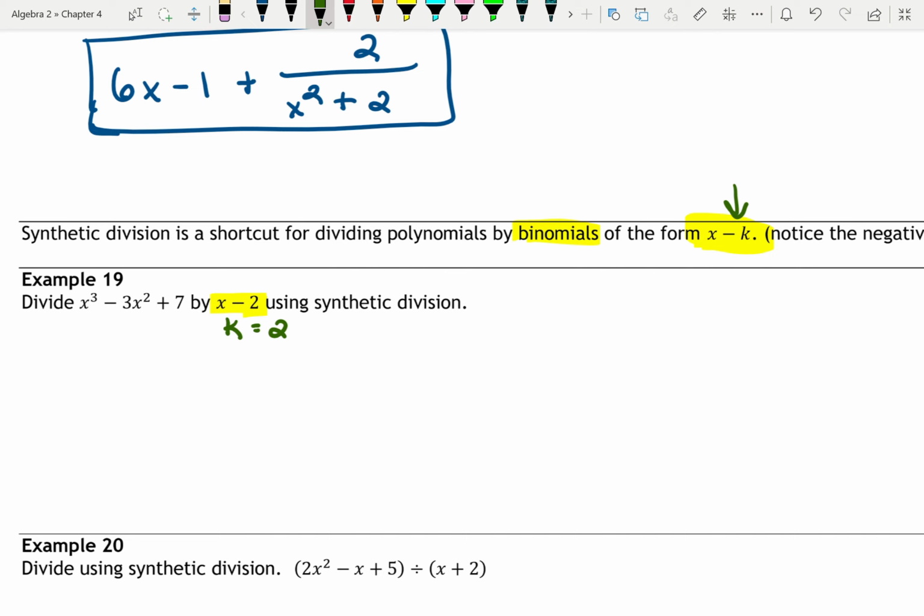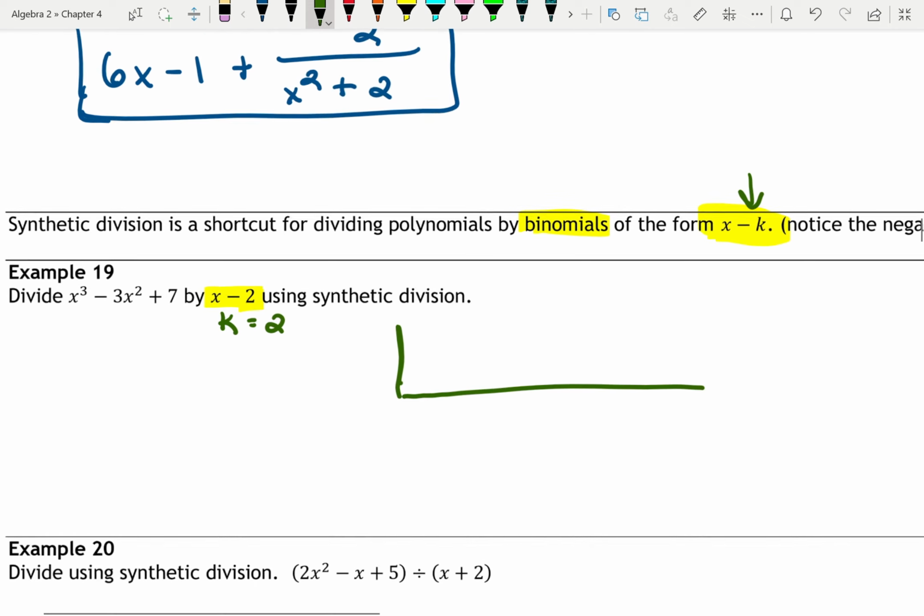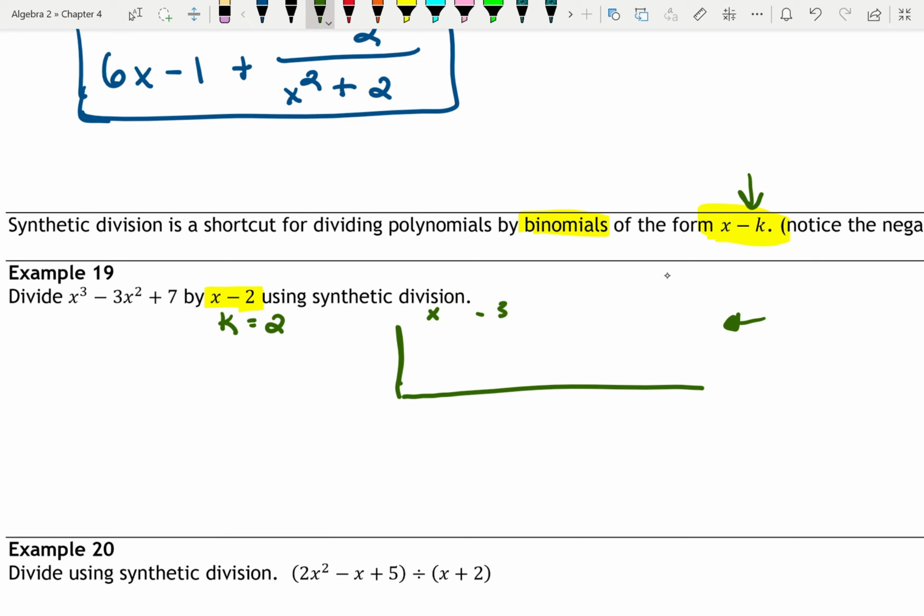Now, we're going to build this upside down division symbol. And in the top row, we're going to copy the coefficients of the piece that would normally go underneath the house. So here, I'm actually just going to write it out up above. X cubed minus 3x squared plus, and we'd have a 0x and then plus 7.